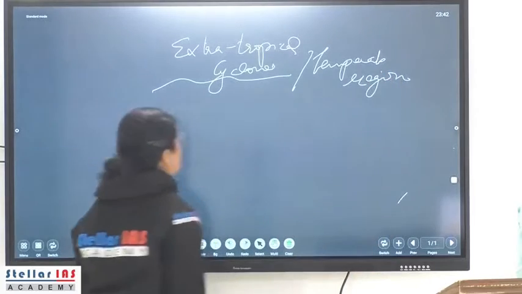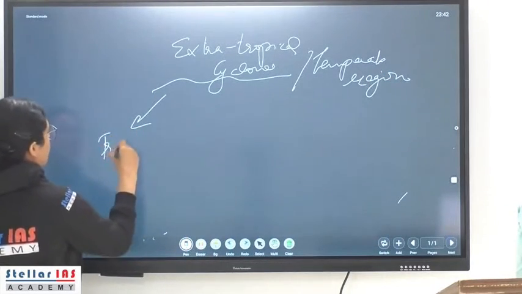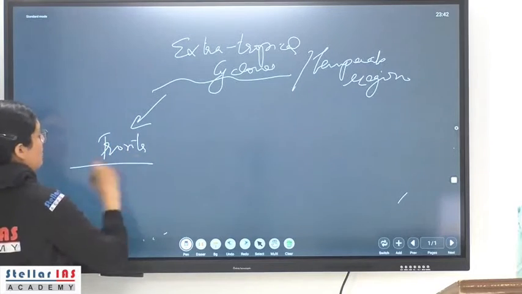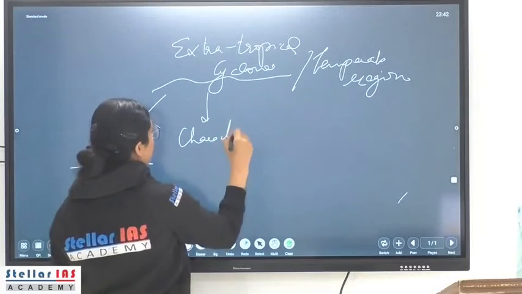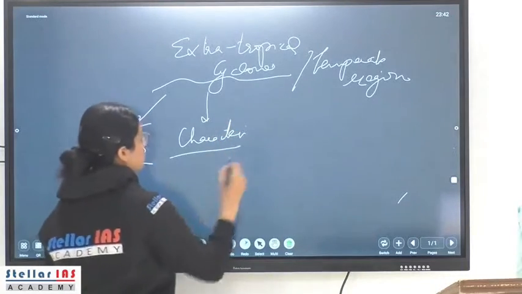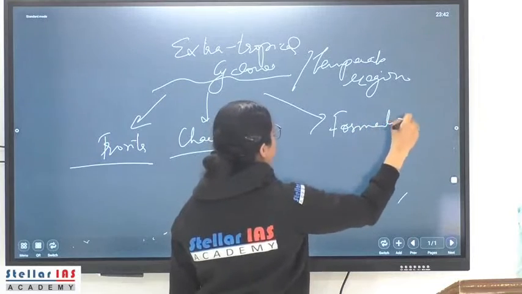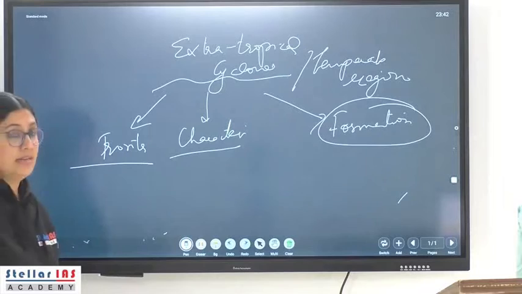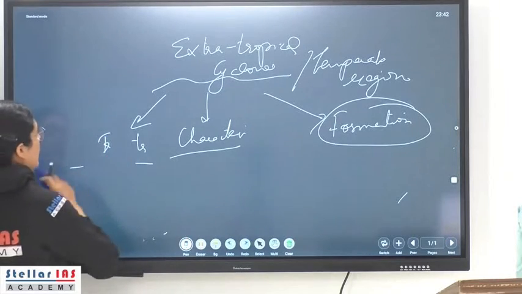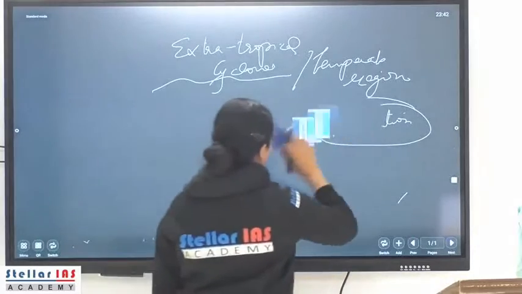Okay, so we will be doing briefly about the fronts. What are fronts? The characteristics of extratropical cyclones and briefly about the formation of the extratropical cyclones. Right. Now, first of all, what is a front?